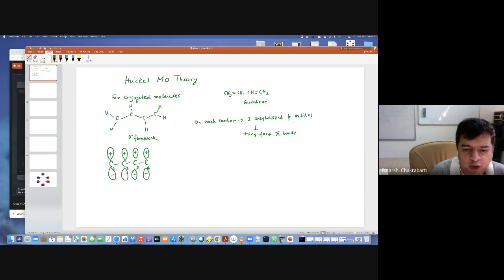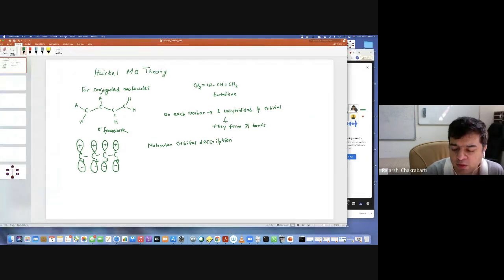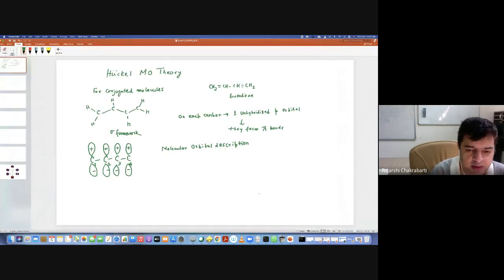Now, if I have a molecular orbital description for this, what will be the molecular orbital? How would I do? You know the framework, no? The linear combination. Yeah. So I'll take a linear combination of these.